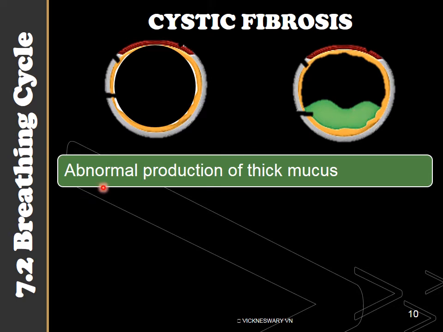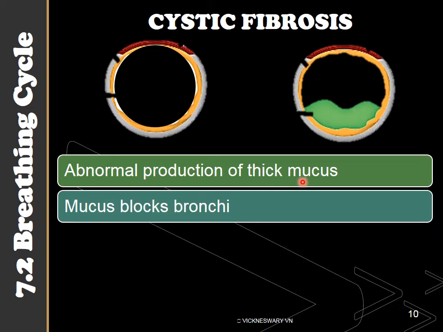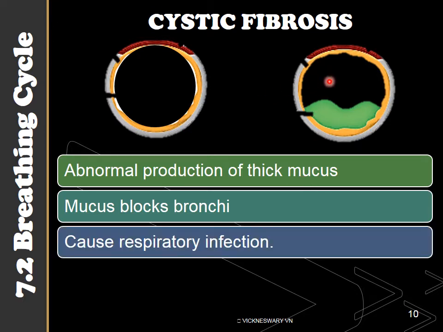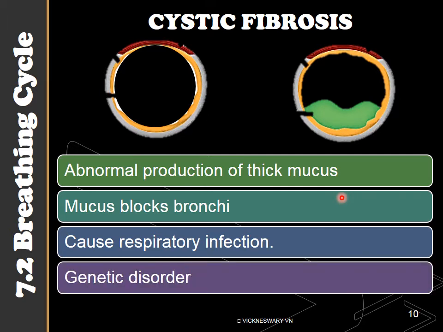It is an abnormally thick mucus that will block the bronchi, preventing air from moving, and on top of that, it promotes infections. So patients with cystic fibrosis not only have difficulty in breathing, but they will very frequently have lung infection. Now the ability to produce this thick mucus is due to a genetic disorder.